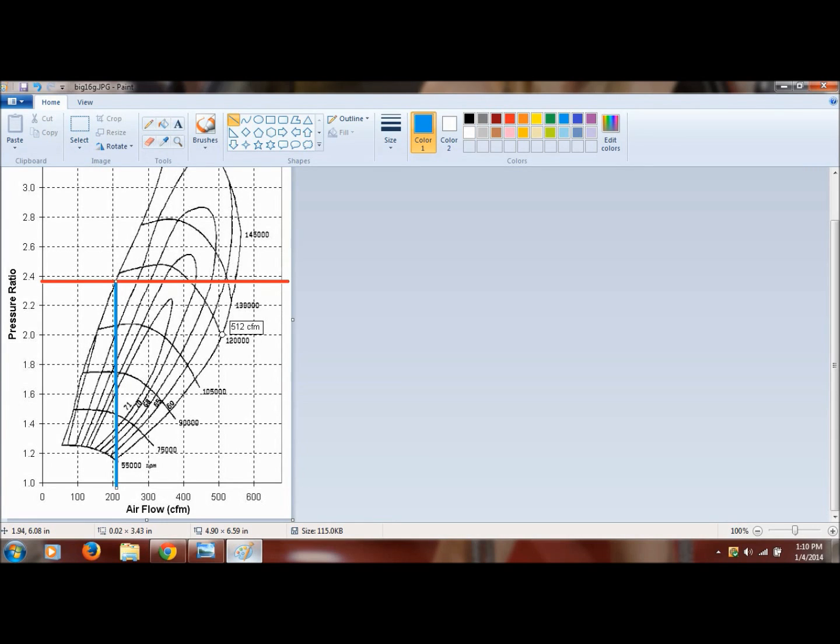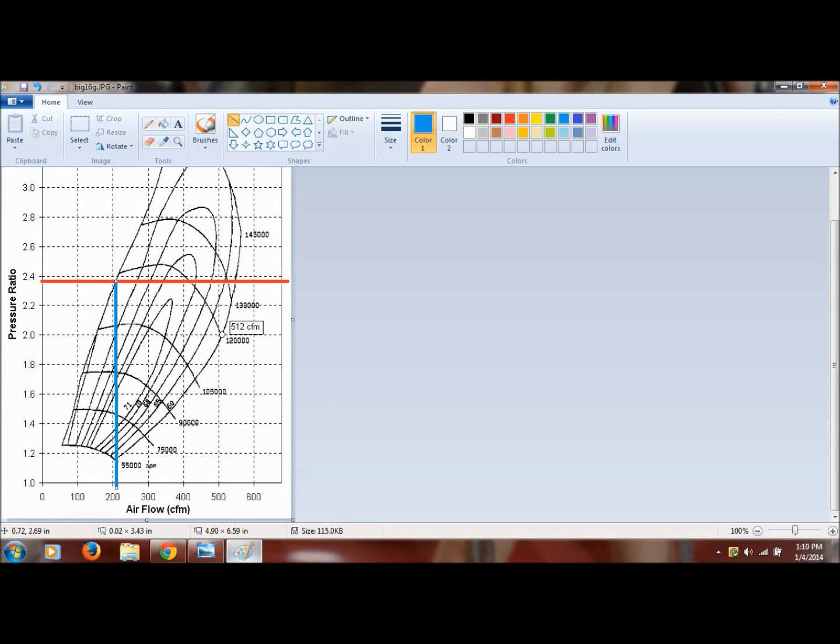It's engine size in liters times max RPM times VE times PR, or pressure ratio, and then divide by 5660. So it's going to be 1.6 times 7,400. This is, again, for my single cam 1.6 liter I had built. It would be 1.6 times 7,400 times 90 times 2.36, which is the pressure ratio that we figured earlier right here.